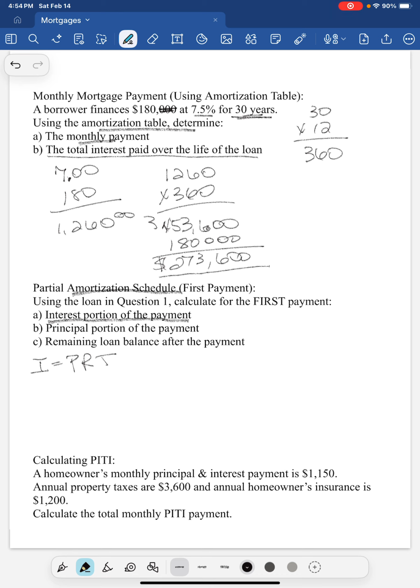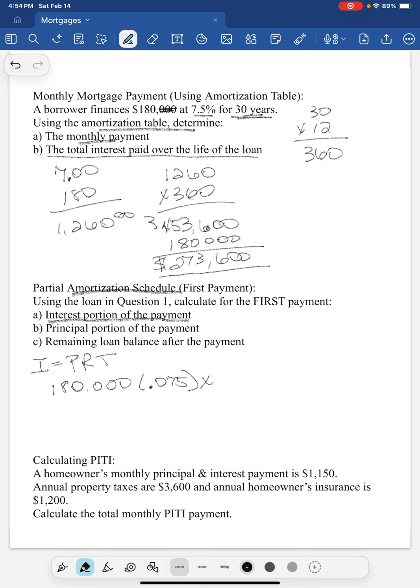And what we know is that if it's the first payment, then we are starting with the $180,000. That is our principal. And the rate we have been given is 0.075.